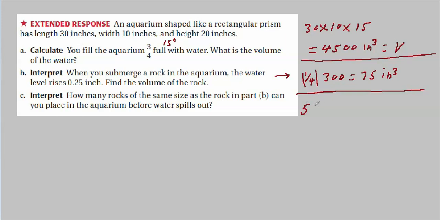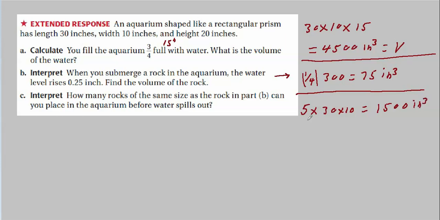We could also take advantage of the fact that this equals 3/4 of the volume. We can do it either way. Let's try it this way first. We get 5 inches times 30 times 10. And what we get is 1,500. And that's cubic inches, of course.